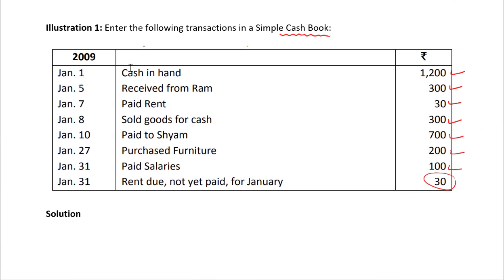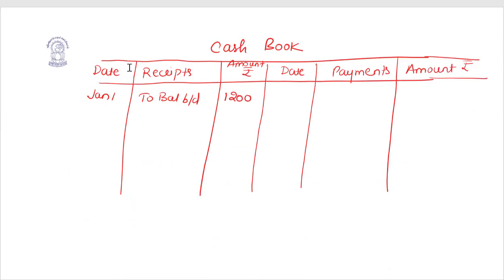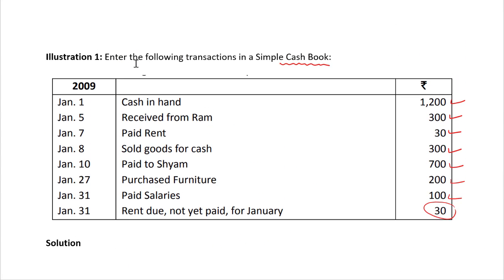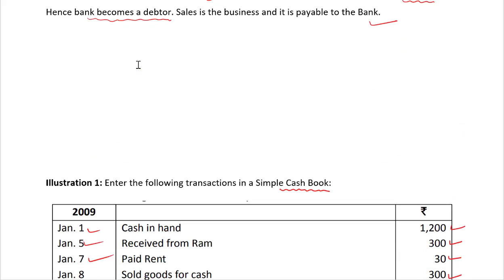Let's see January 5 received from Ram 300. January 5 received from Ram, to Ram account 300. This is done. January 7 paid rent 30. Paid rent 30 in the payments.